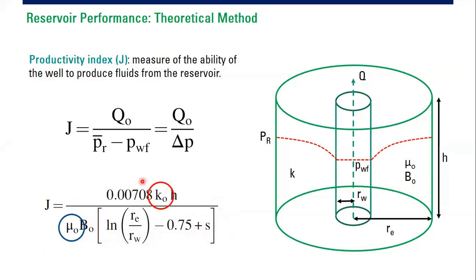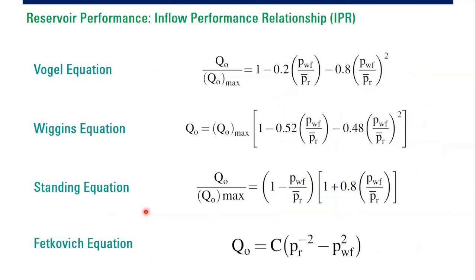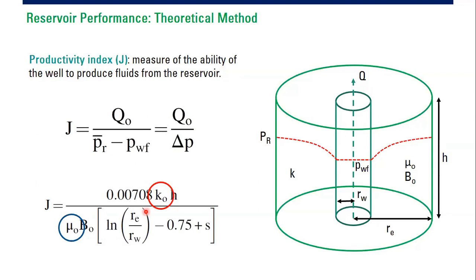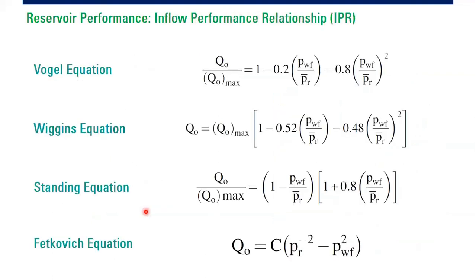You can see the rock property represented by the permeability, and the fluid property here is the viscosity. So if we have higher permeability, we have a higher productivity index, and if we have higher viscosity, our productivity will be lower. This is the analytical approach, but we can also get the information on our reservoir performance by using empirical methods.